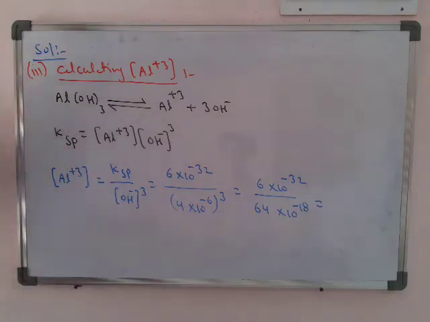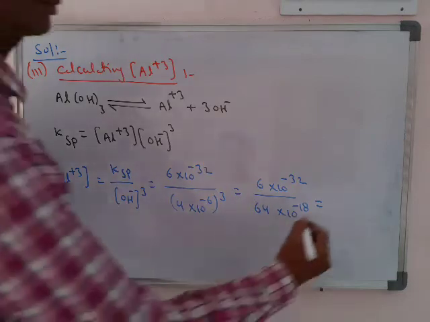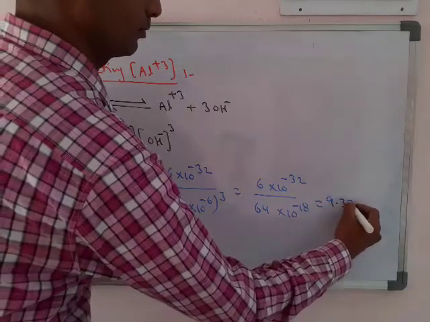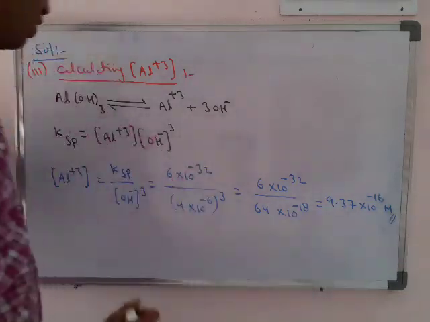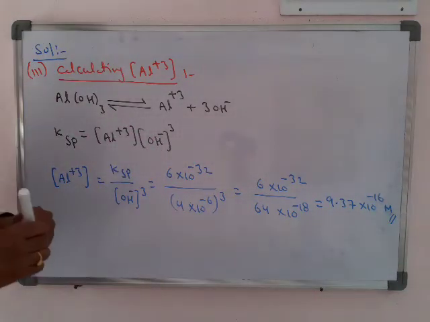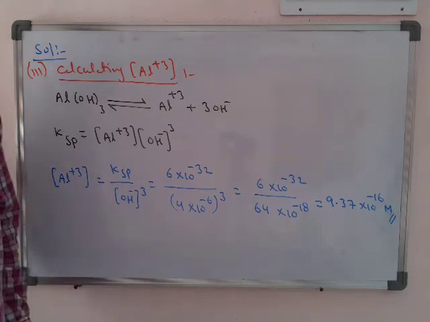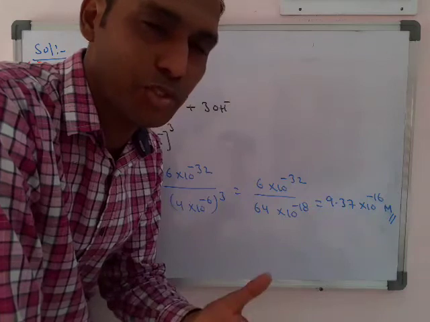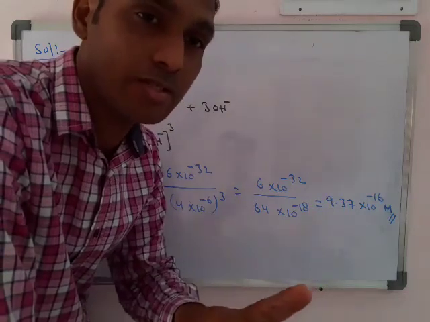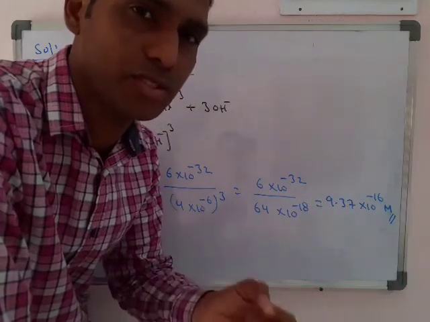On this overall calculation, the aluminium ion concentration is 9.37 into 10 power minus 16. Sometimes they will ask the ratio of their concentrations, or which is higher and which is lower.